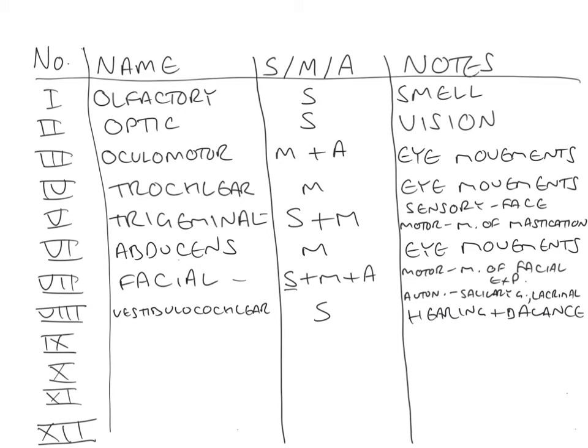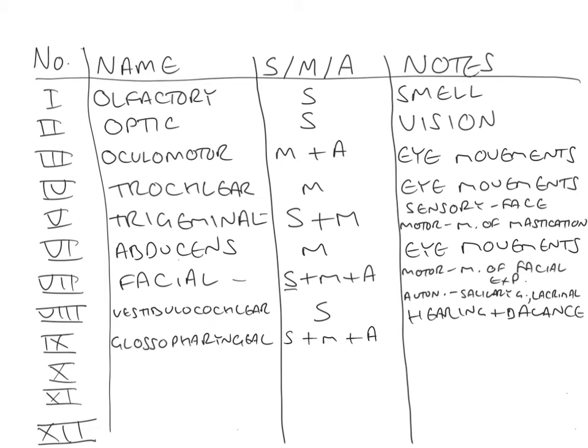Now the 9th cranial nerve is called the glosso, for tongue, pharyngeal, for pharynx, nerve, the glossopharyngeal nerve. And like the facial nerve, the glossopharyngeal nerve contains all three components. It is sensory, motor, and autonomic.